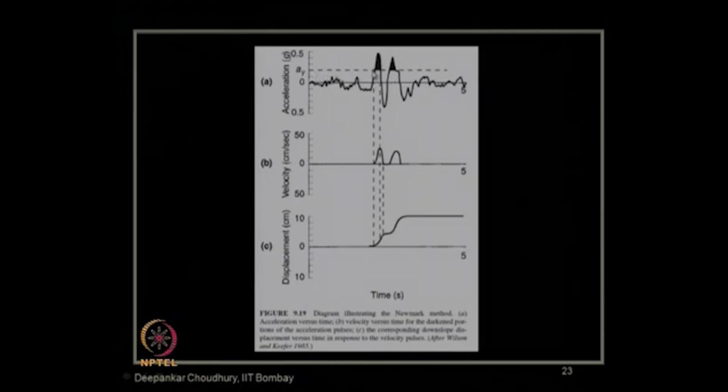Now, above that value of ay, whatever the portion, this black shaded area is nothing but responsible for the failure of your slope or sliding of your slope. So, how much will be that sliding? Because in this region the acceleration is much below ay, obviously, your slope is stable in this acceleration region.